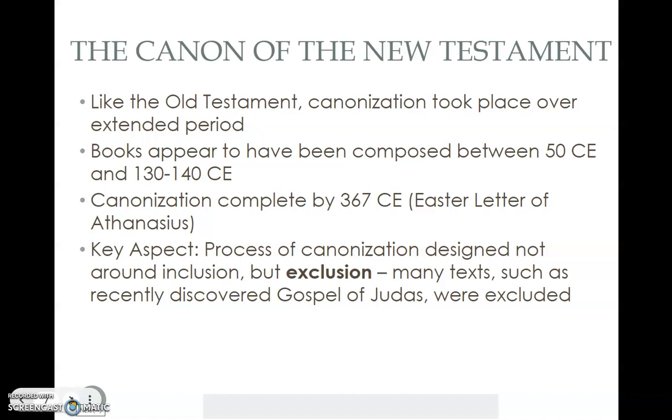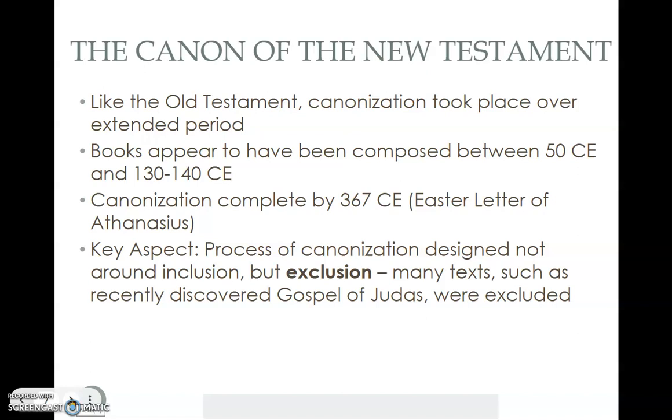It is key here to notice that the process was one of exclusion rather than inclusion. It works like this. It was decided what books would not belong more than what books would be included.